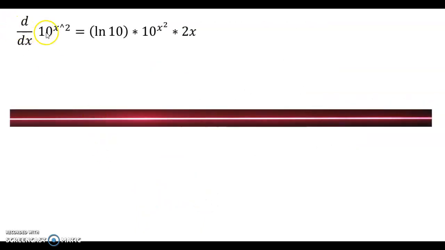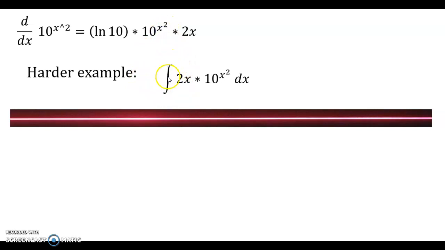Alright, so a little bit harder one where the exponent is a function. This problem could have been much harder, but I left the 2x in here for a good reason.